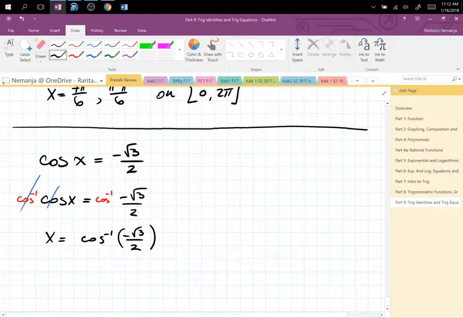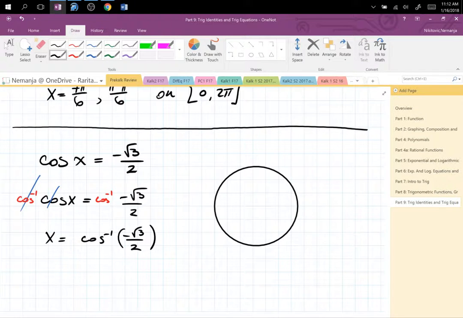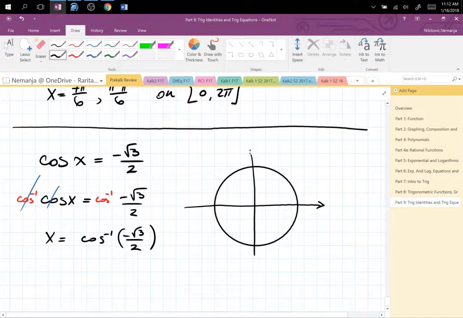Now, root 3 over 2 and a cosine, that works with pi over 6. But I have to see where pi over 6 is, and what's the other one. So we draw the unit circle. All students take calculus, and we see that the cosine is negative in quadrant 2 and quadrant 3.